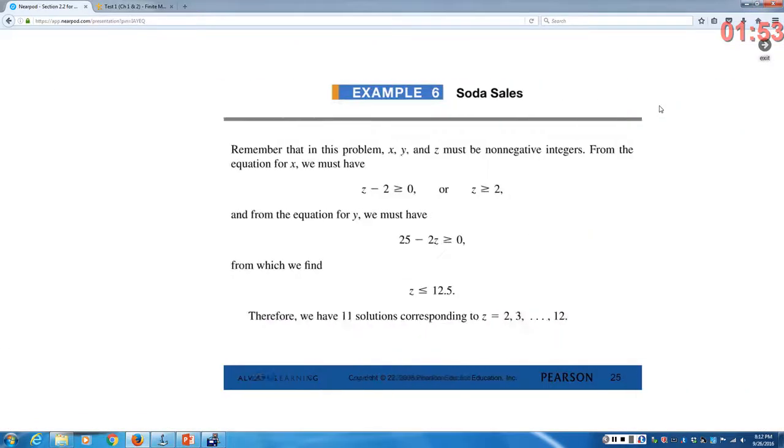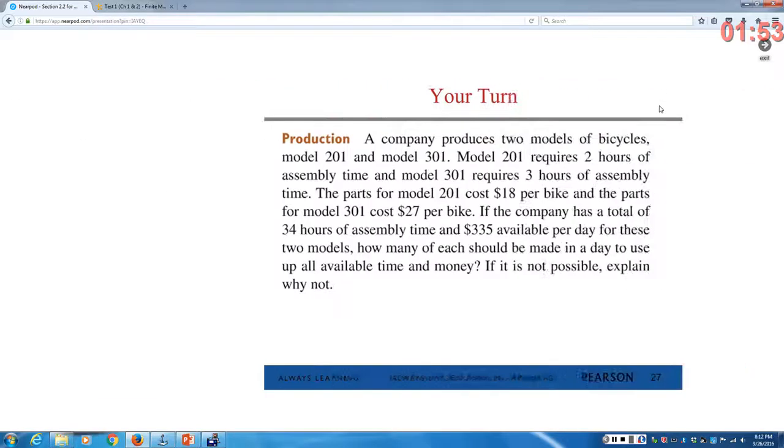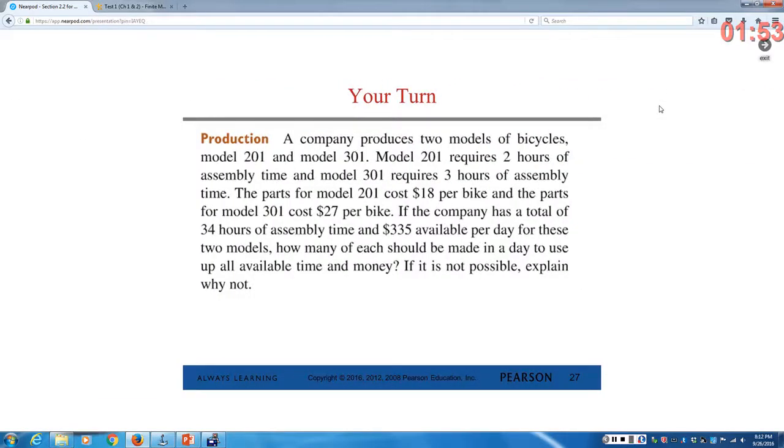Okay. I think we're about done. Okay, here's our problem. I'm going to let you solve it, but I want you to help walk me through how to set up the equations. We'll do that part together.